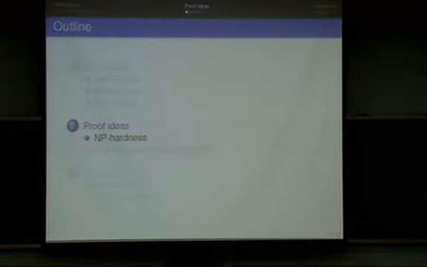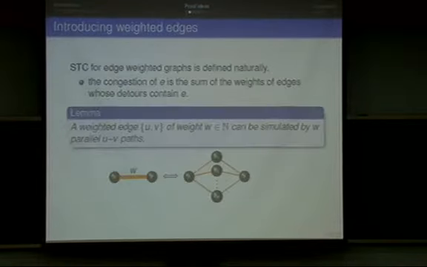Yes, let me give you some ideas about the proof of NP-hardness. First of all, if we can use weighted edges in the graph, then the reduction would be very easy. But we want to show the hardness for unweighted graphs. But we can simulate, in some sense, the weighted edge by parallel paths like this.